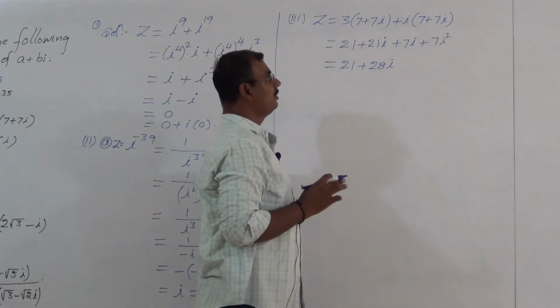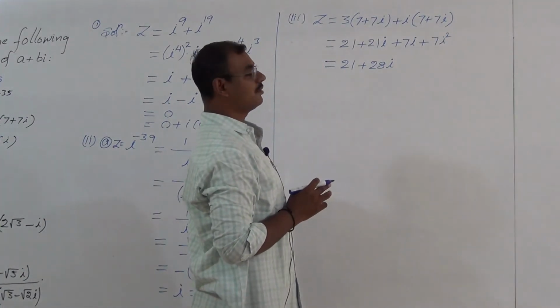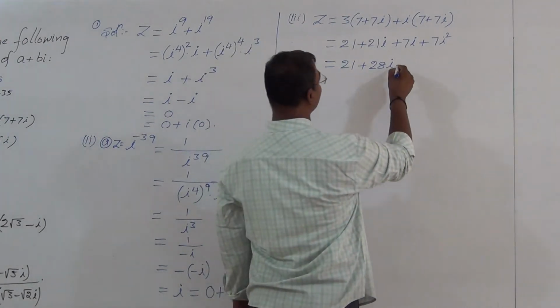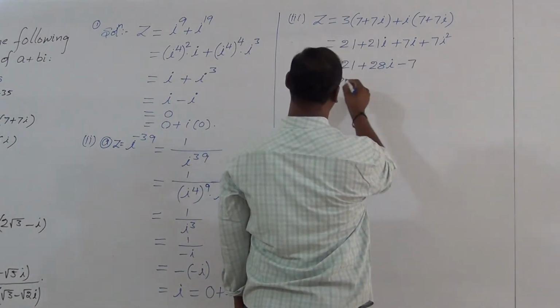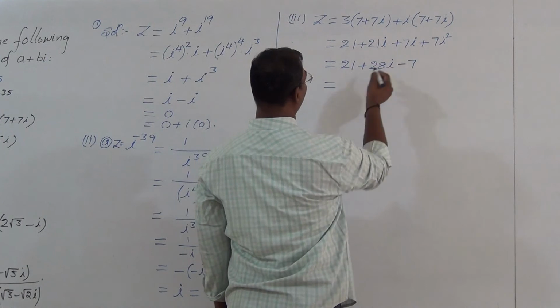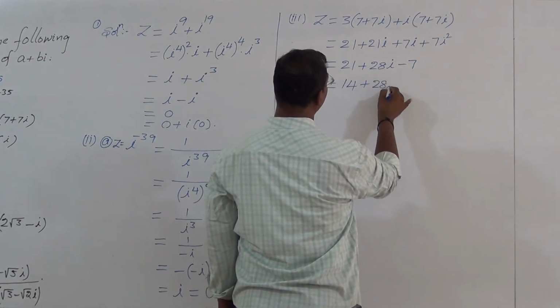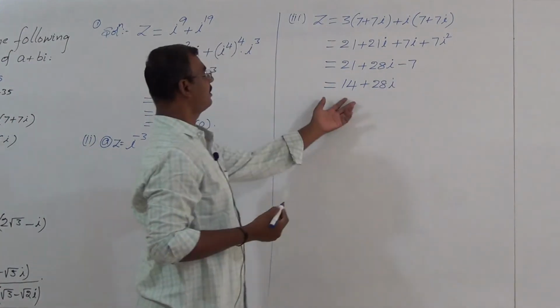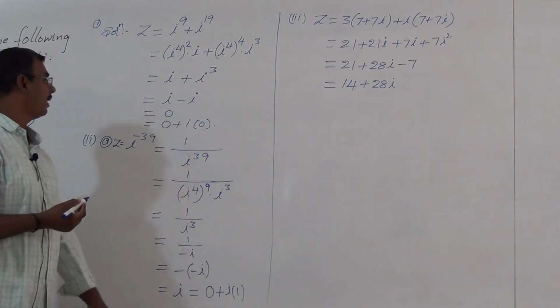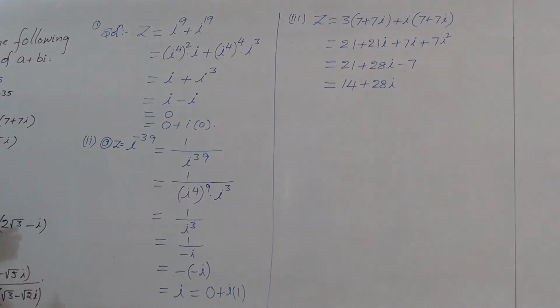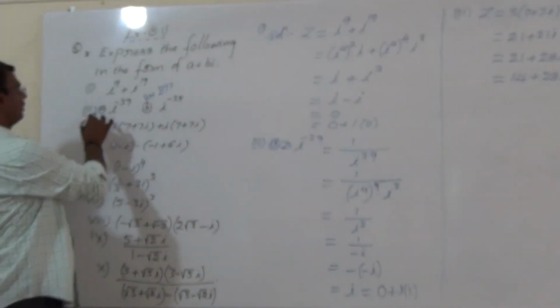Do you know this value? What is the value of I square? Minus 1. So minus 7. So this is equal to 21 minus 7, 14 plus 28 iota. Hence it is in the form of a plus iota b. So this is the third question.